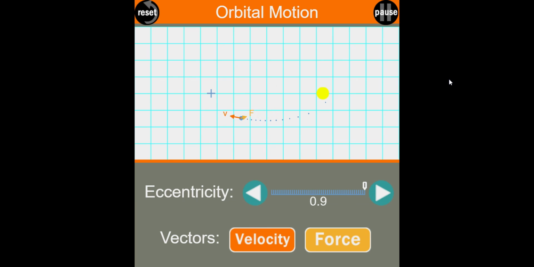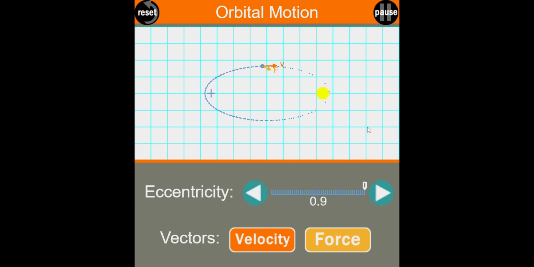Now look at this. Now you can see that there's a pattern. You can see when the gravitational force, remember the vector for the velocity is showing you direction and speed.